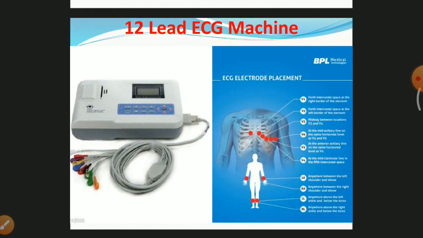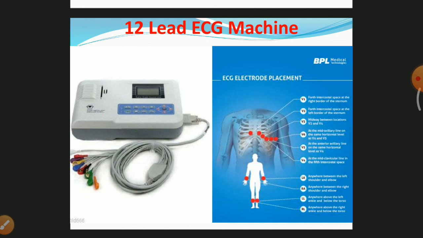In ECG machines, 12 leads are used, but only 10 electrodes are connected to our body. Out of that, 6 electrodes are connected to the chest region, that is V1, V2, V3, V4, V5 and V6.